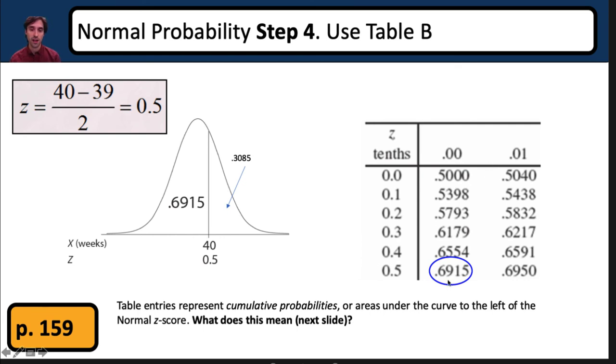So we now know that the probability of gestation at 40 weeks or less is almost 70%, whereas the probability of giving birth after 40 weeks is a 30% chance.